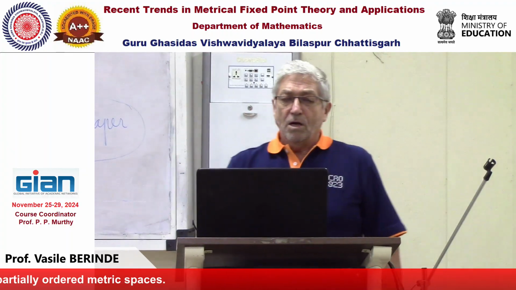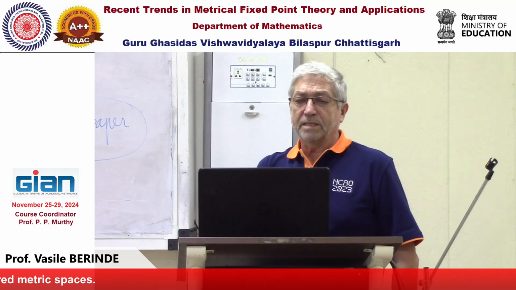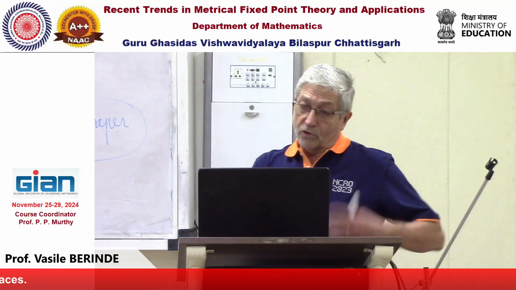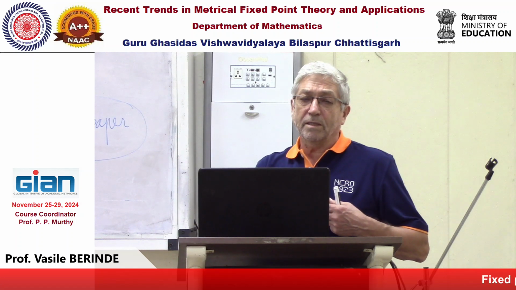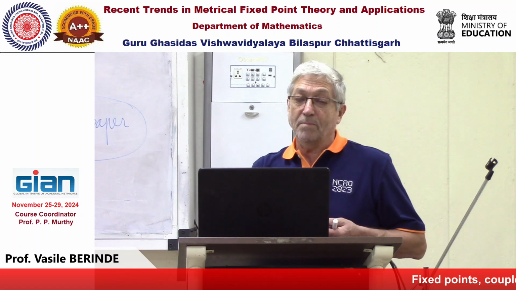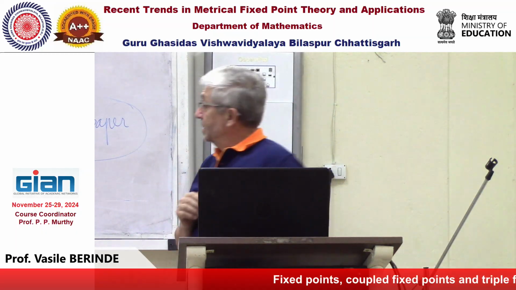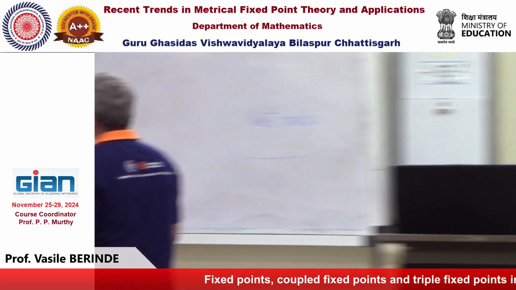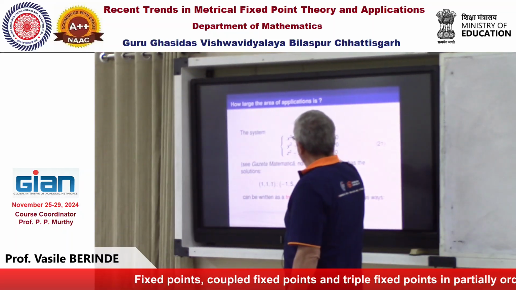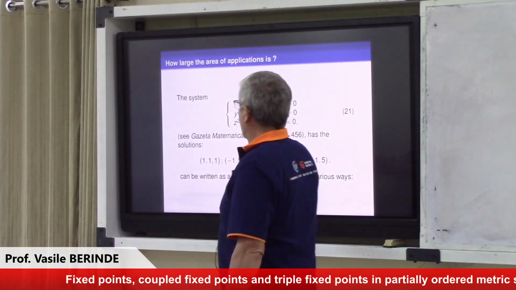And then here is the result. I mentioned it for coupled, and for triplet, we also considered some examples. And we were disappointed, because this is an example in our journal.